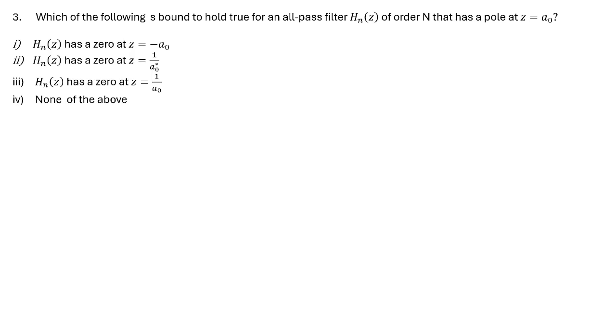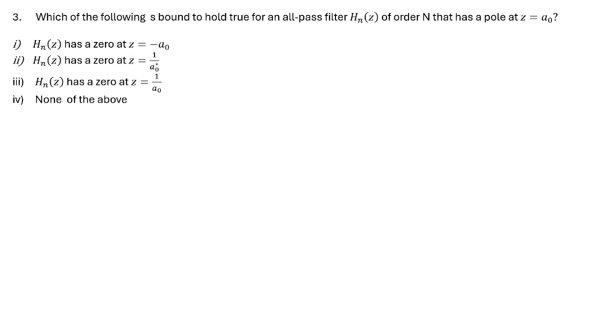The question says the all pass filter Hn of z is of order n, which has a pole at z equal to a naught. The solutions are regarding the accurate position of the zero of the transfer function of this all pass filter Hn of z. Okay, so all pass filter, let me write down.